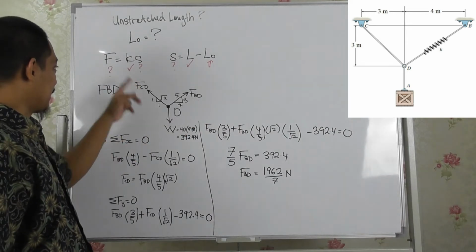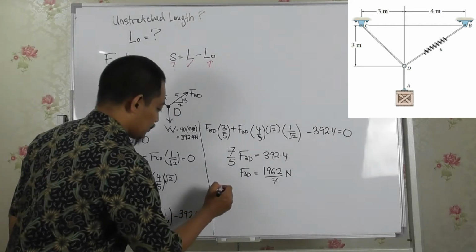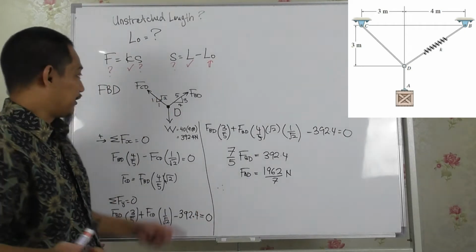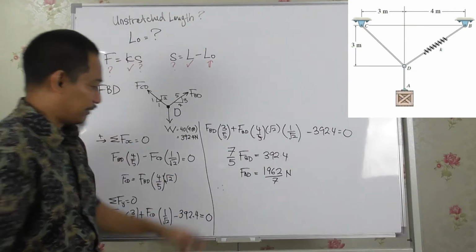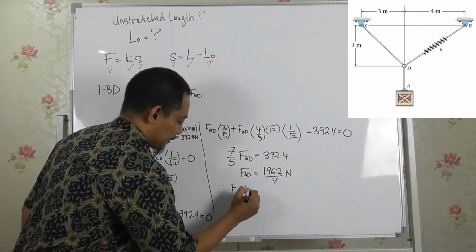From F equal to KS, if I already wrote this in my answer paper, then fine. If I haven't, I have to write here F equal to KS.